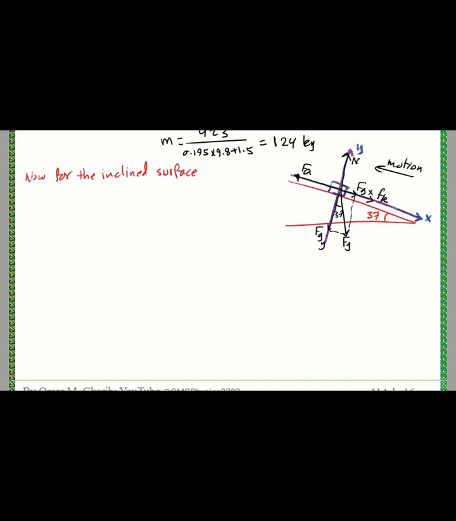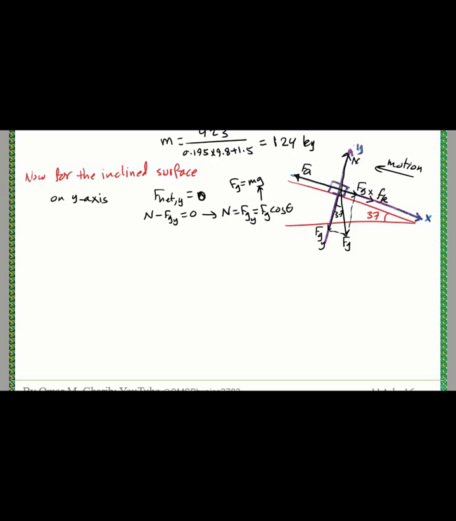Now again on the y-axis, we have F net on the y-axis equals 0. Then N minus Fgy equals 0. That means N equals Fgy, which is Fg cosine theta, and Fg is m times g.